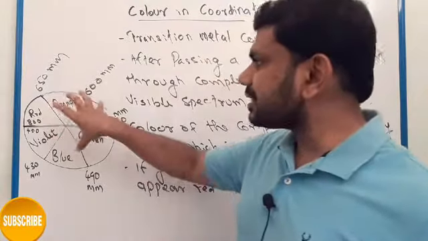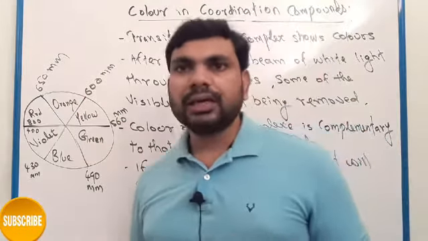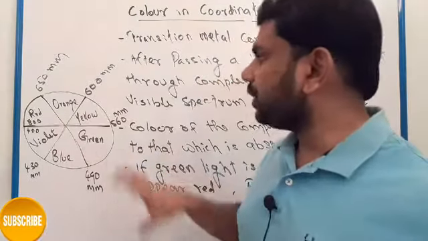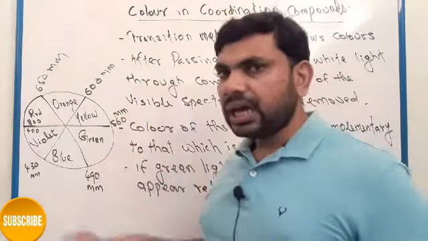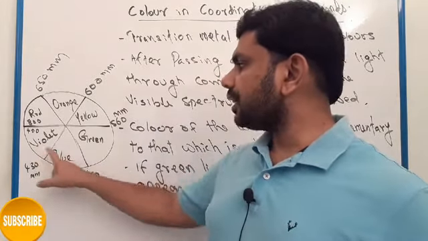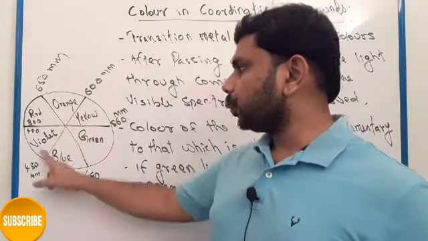So this is a color wheel. This color wheel helps to understand the color of coordination compounds. In the color wheel you can see different colors: violet, blue, green, yellow, orange, red.